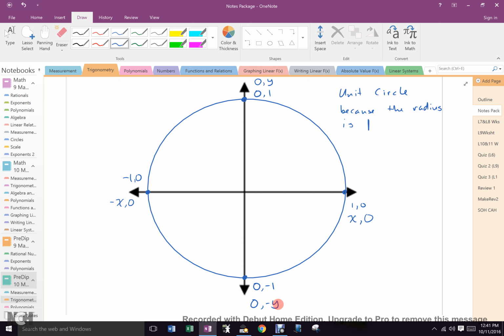Okay? Everybody good? Ready? Okay. 50. Where would 50 be? And we're going to start with just 50. It would be somewhere out there.